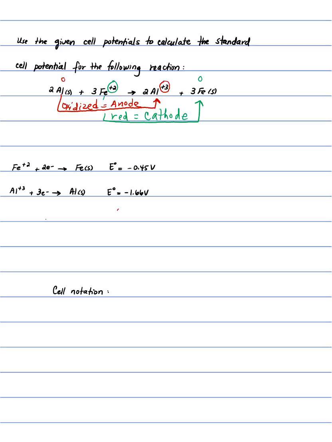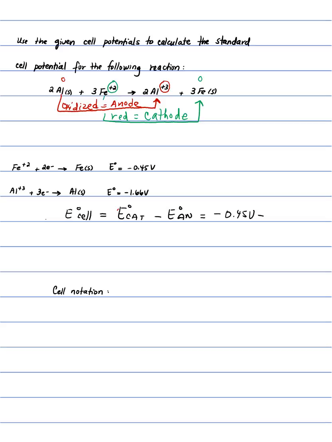So if you need to calculate your cell potential, you're given the potentials for both half reactions. What is happening in the cathode, this is E cathode. What is happening in the cathode is the reduction of your iron ion, and for that one we have negative 0.45 volts.